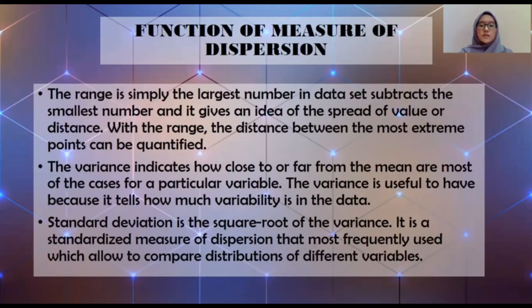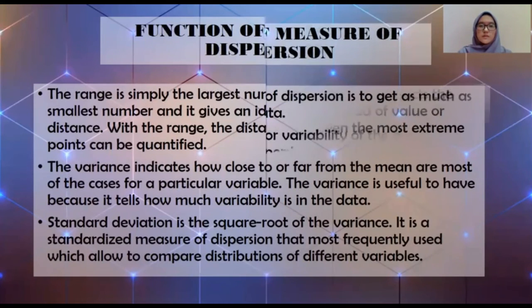The variance is useful because it tells how much variability is in the data. Standard deviation is the square root of the variance. It is the most frequently used standardized measure of dispersion, which allows comparing distributions of different variables.